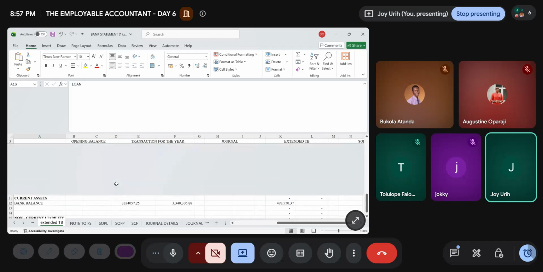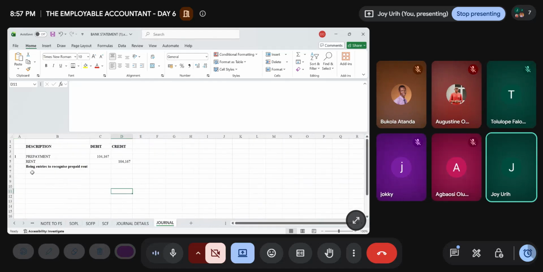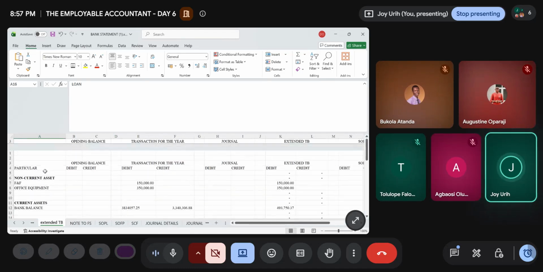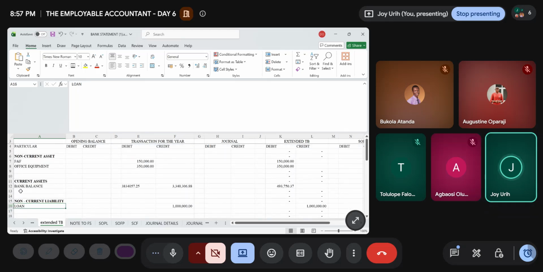And first of all, the first journal account is prepayment, and in our extended trial balance we don't have anything like prepayment here, right? So we'll create a column for prepayment, and like I said, prepayment is a current asset, so I'm going to put it under the class of current assets, prepayment.